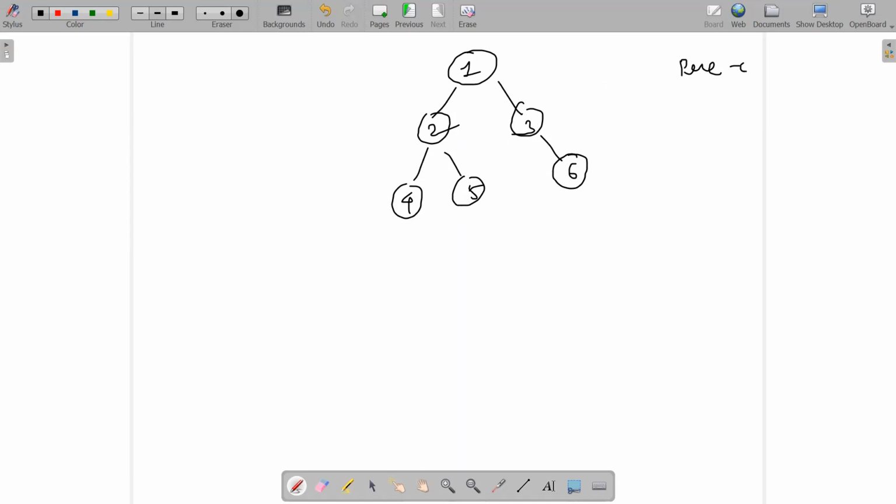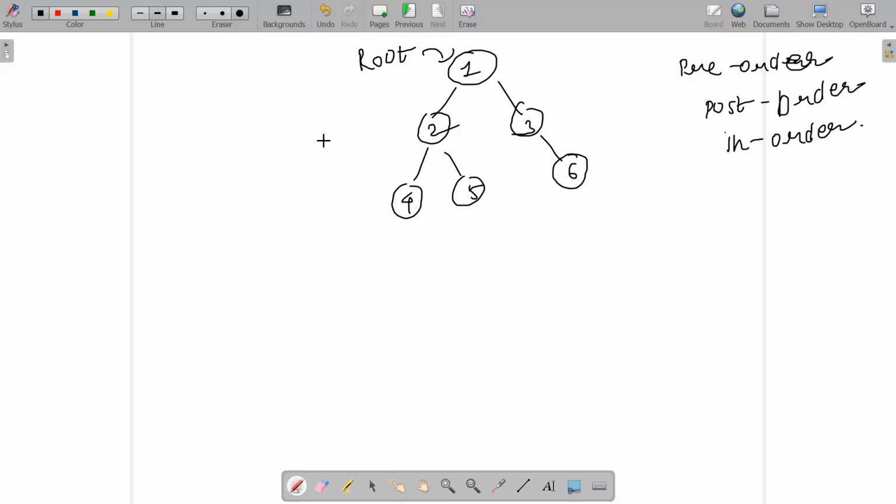Pre-order, and then what? Pre-order, post-order, right? And afterwards, there is an in-order traversal. Correct? Suppose that 1 is the root of my entire tree. Can you let me know what pre-order means?